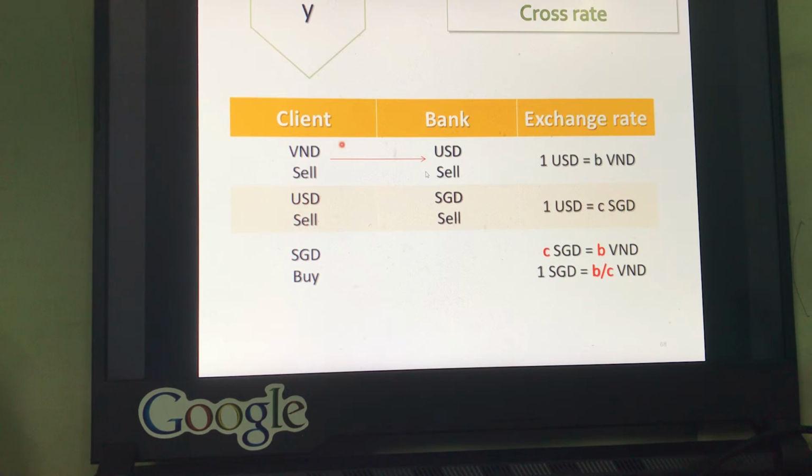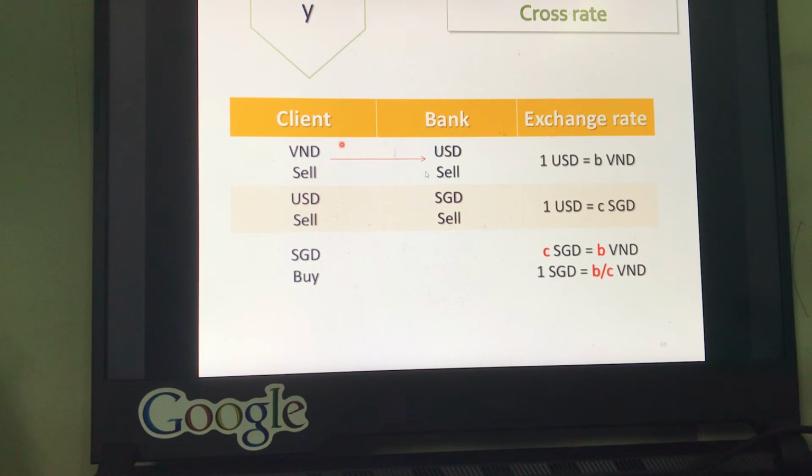Because on the market, we only have the exchange rate information of USD against VND, okay? The client sells the VND, and in turn, the bank buys the VND and pays to the client the USD.